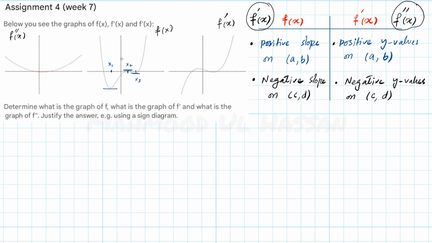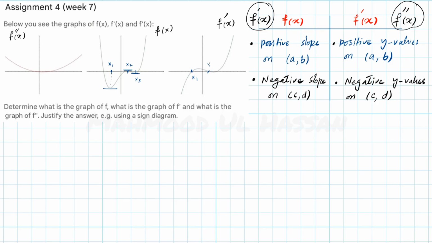Now, the derivative of the function on these points x1, x2, and x3 would become 0. We can say that the graph of the derivative of the function will pass through the x-axis on those points. You can see here, the first point is here, that is our x1.